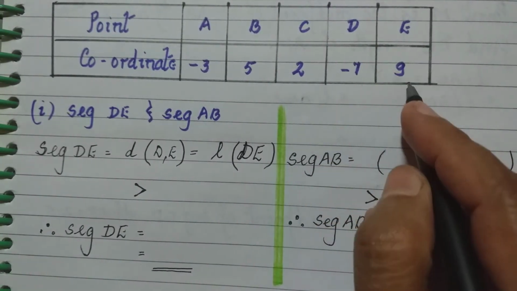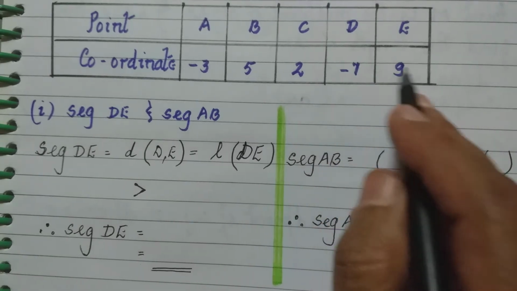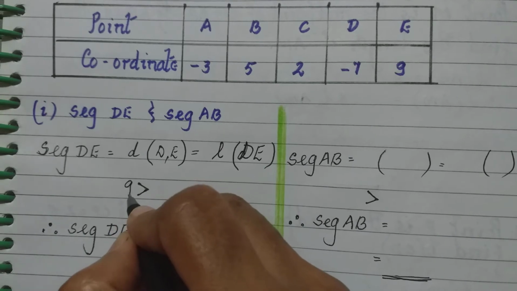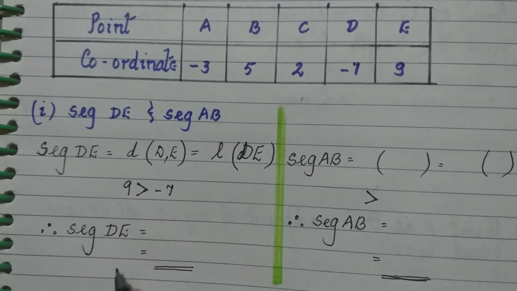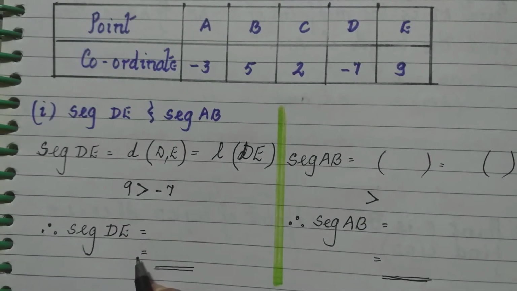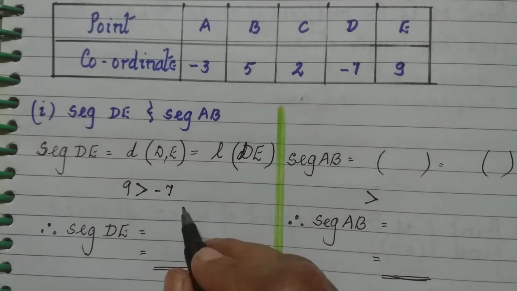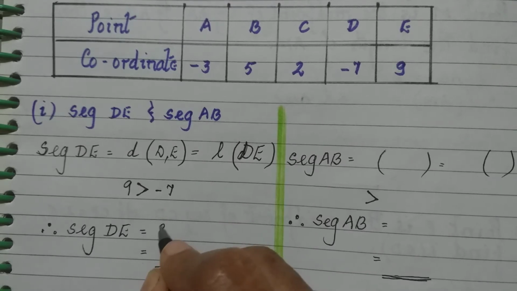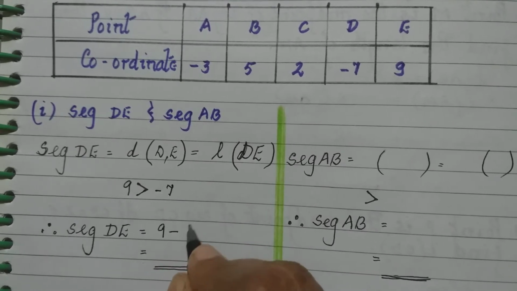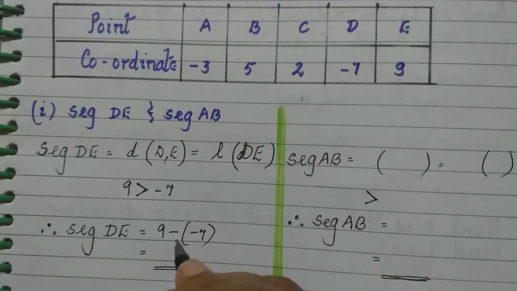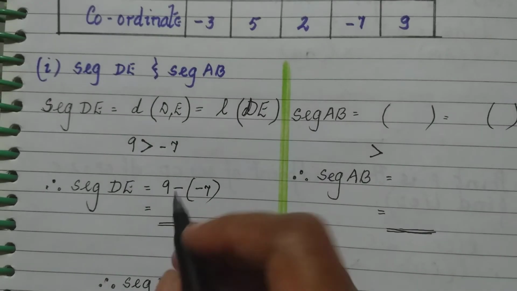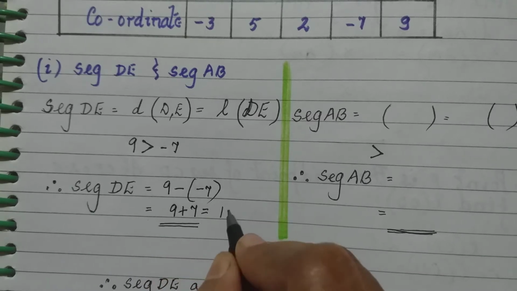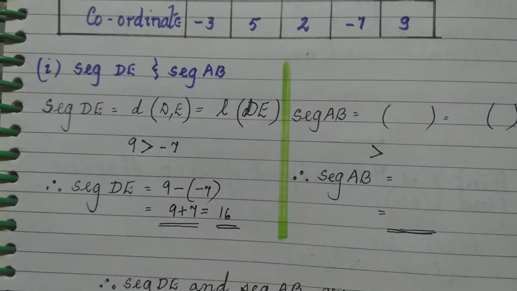Which one is greater among these? 9 is greater than -7. A positive number is always greater than a negative number. So when I am finding segment DE, that will be equal to the bigger number minus the smaller number, that is 9 minus -7. 9 minus -7 is 9 plus 7, which is equal to 16.